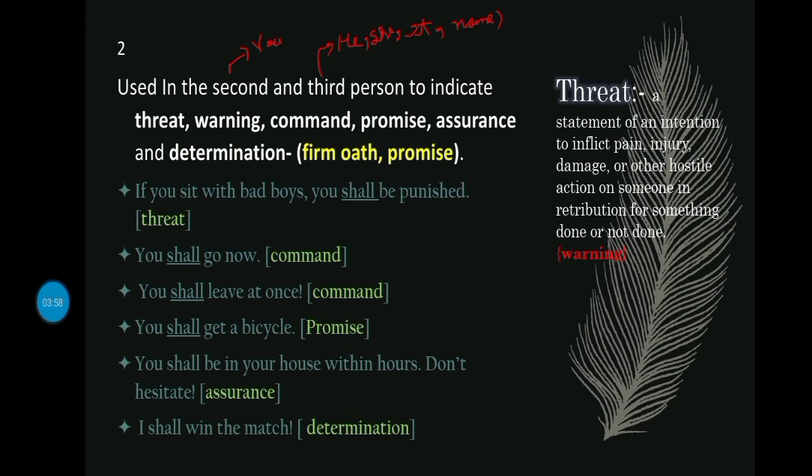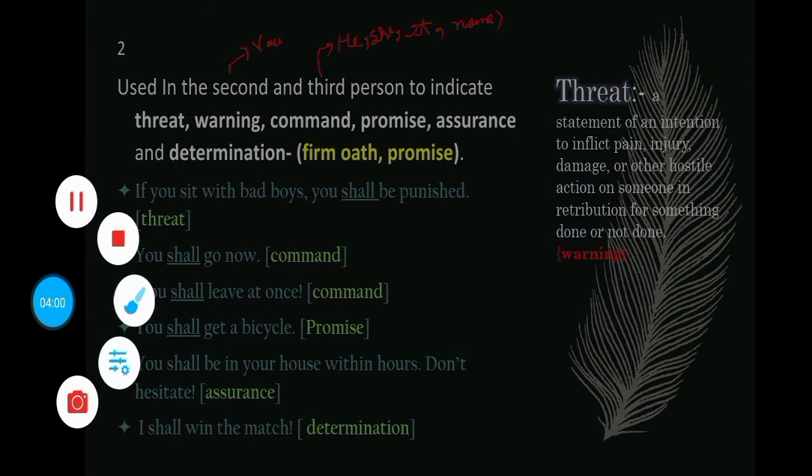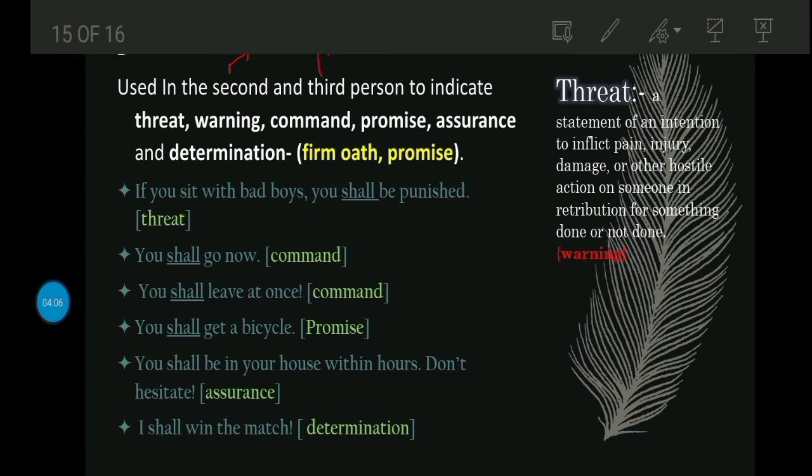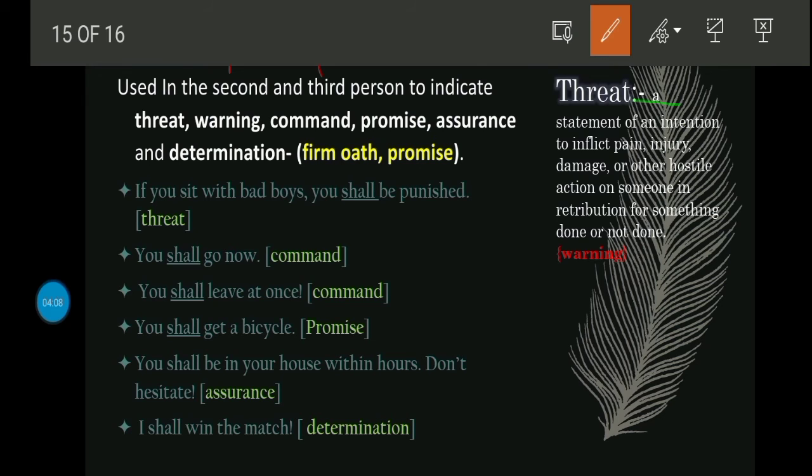Let's see what the meaning of threat is here. A threat is a statement of an intention to inflict pain, injury, damage, or other hostile action on someone in retribution for something done or not done.